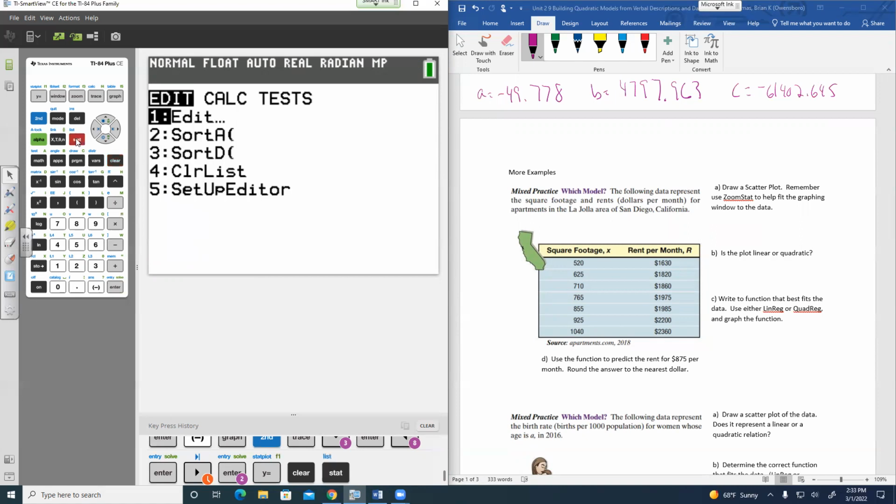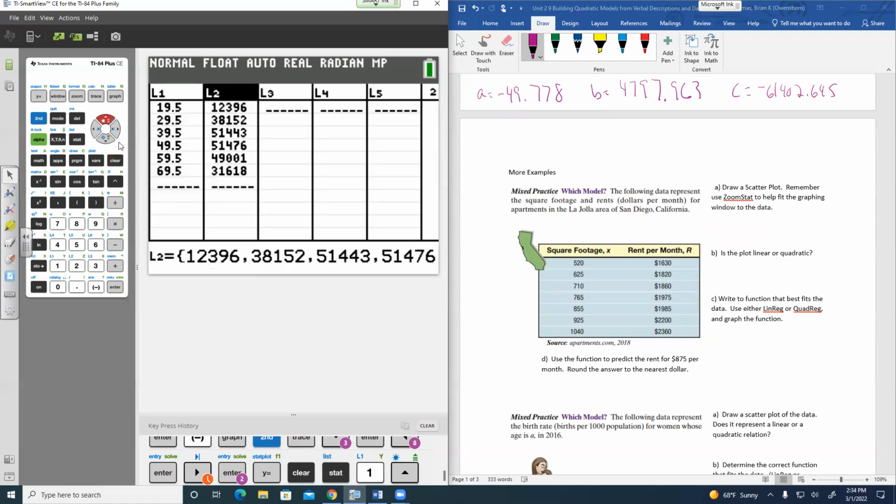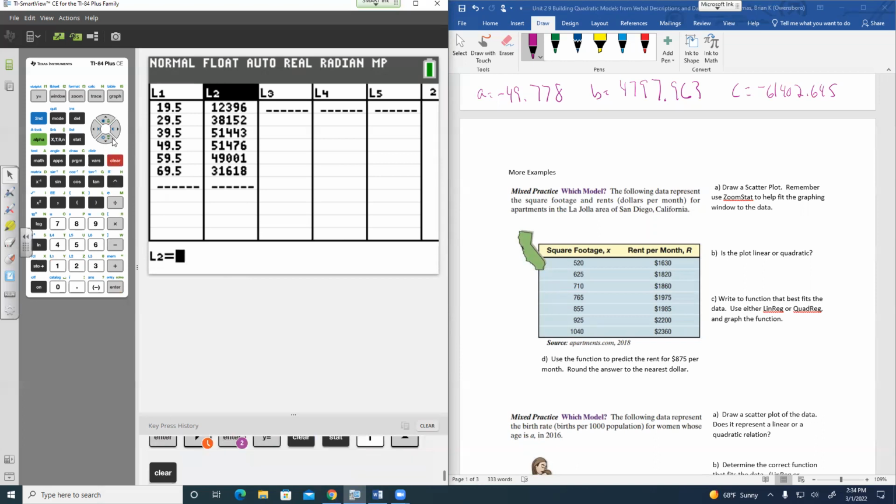Under stat, we have to edit our list. We're going to clear off L2, then go over and clear off L1.